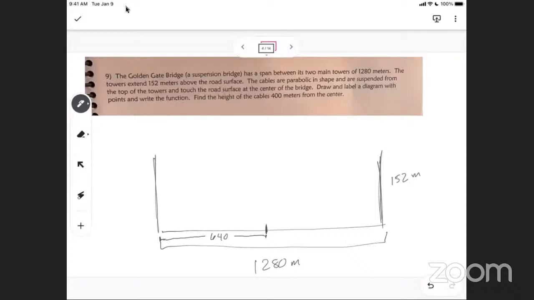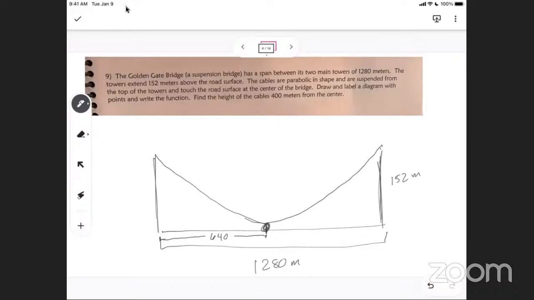And the cables are suspended from the top of the towers and touch the road surface at the center of the bridge. Okay, so here's there, and it said that they're parabolic, so we know it follows a parabola. So it's going to do this, and it's a parabola. That wasn't very good. Let me try that again. My wife's the artist, not me. All right, close enough. Okay, you get the point.